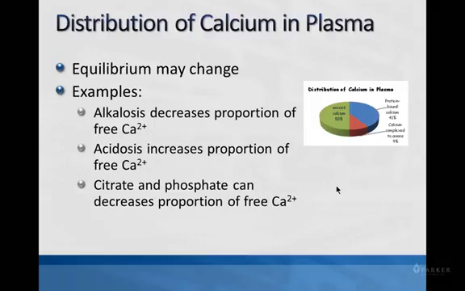That could lead to signs and symptoms of hypercalcemia. On the other hand, alkalosis has the opposite effect. It binds a little more tightly to those proteins, so the amount of calcium that is free in the extracellular fluid decreases, and you have signs and symptoms of hypocalcemia.